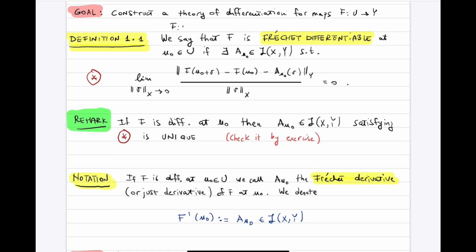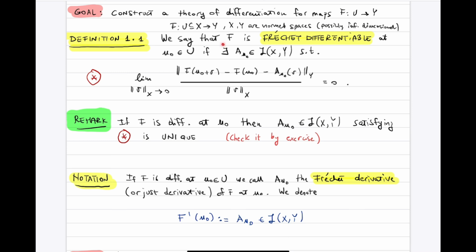Here f is a function from U into Y, where X and Y are normed spaces, possibly infinite dimensional. Otherwise we are not saying anything more than calculus 1. And U is an open set in X, open with respect to the norm in X.